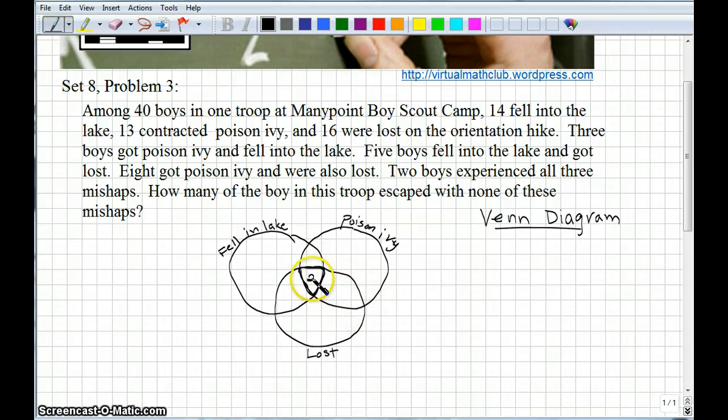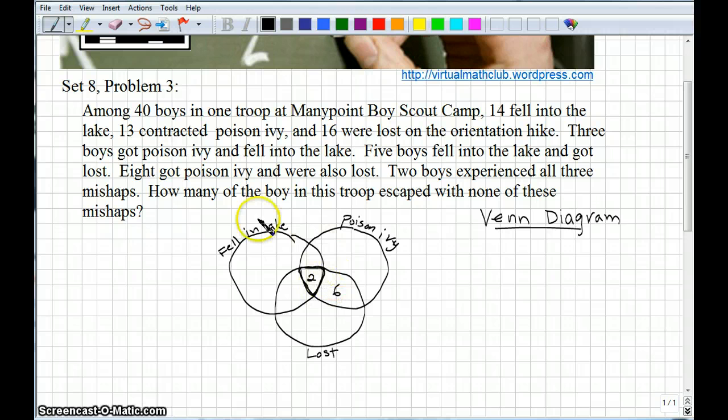Now 2 of those 8 boys also fell in the lake, so there were 8 total that had poison ivy and got lost, so there's 6 out here because we already have 2 accounted for because 2 had all 3 missteps happen. So the total that had both poison ivy and got lost is 8, but there's 6 that are not in this category in the middle that had all 3 things happen. Does that make sense?